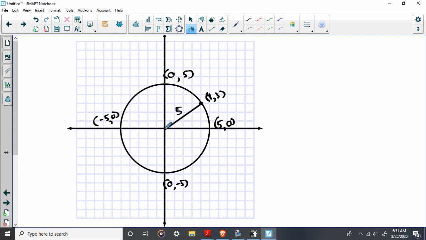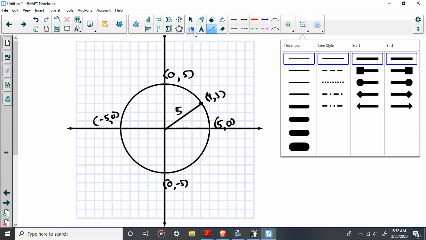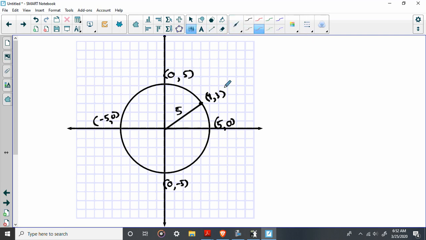Well, this distance right here is 4, and this distance going up is 3. If that doesn't stick out to you guys, you should be seeing that there's a little right triangle in there, right? That's a 3, 4, 5 right triangle. And in fact, we could have gone 3, 4 and still had a radius of 5.